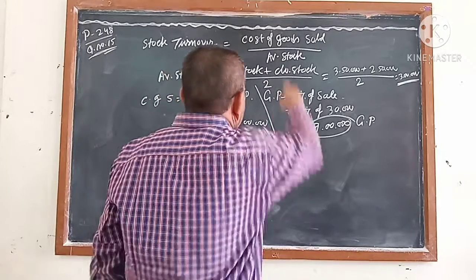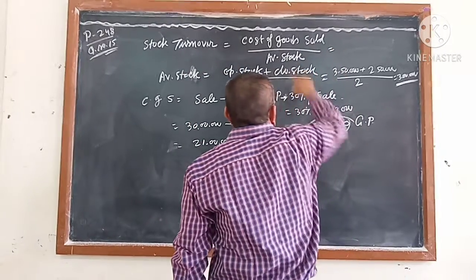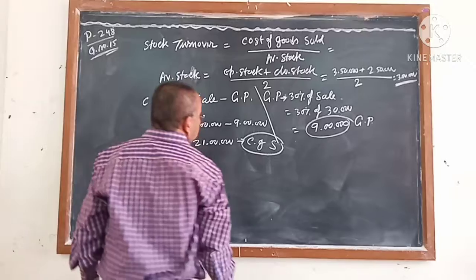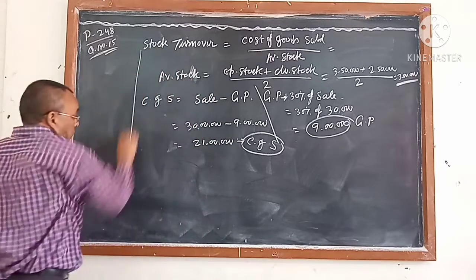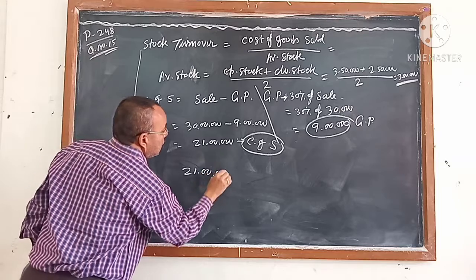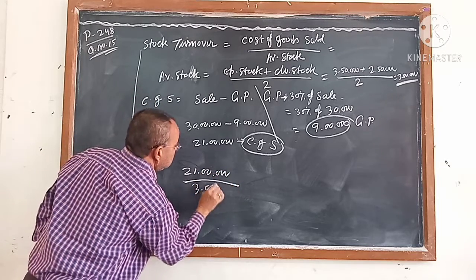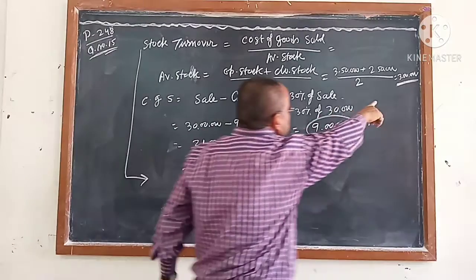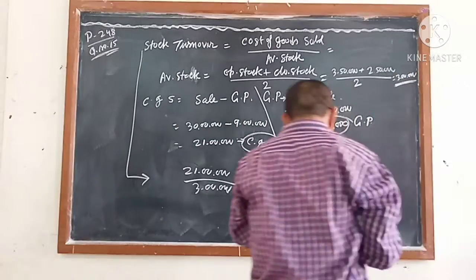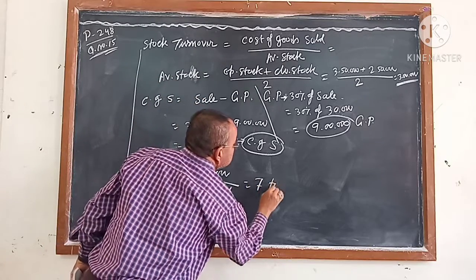Now apply it here: cost of goods sold by average stock. Cost of goods sold you got 21. Average stock, how much you got? 3. This is your average stock. So 21 divided by 3 is equal to 7 times.